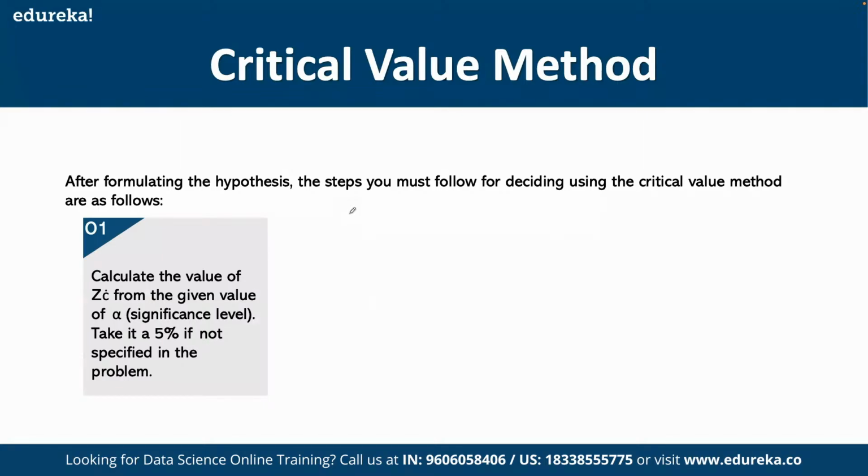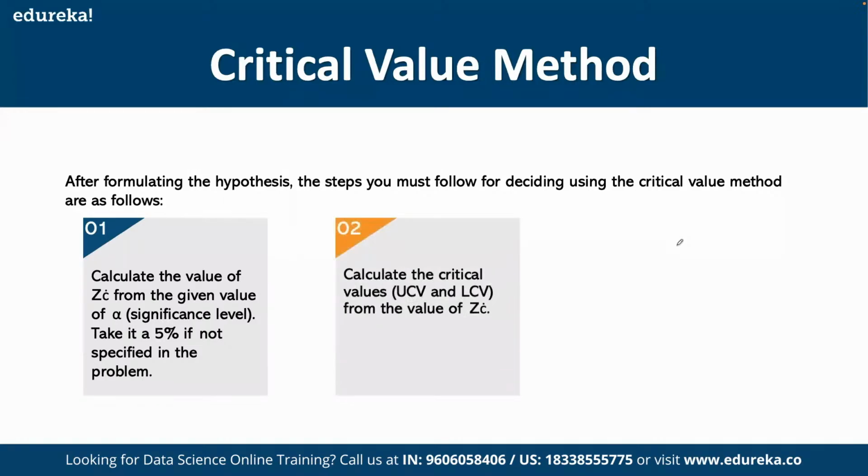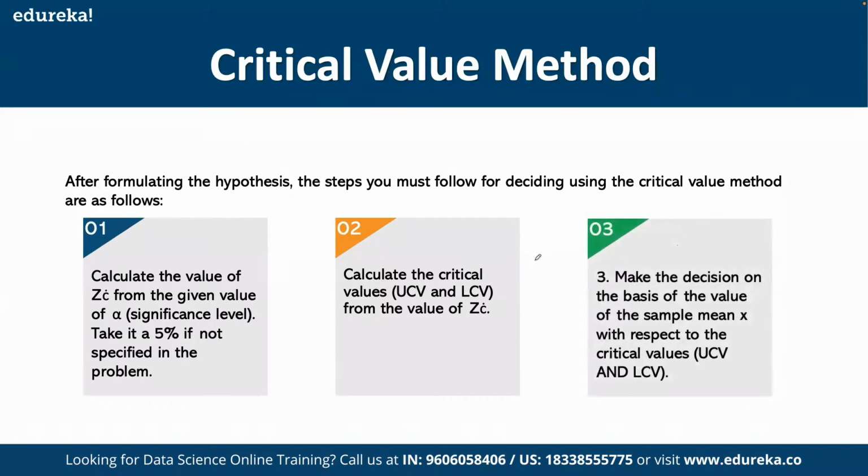Once we specify that, the next thing we do is calculate the critical values, that is the upper confidence value and the lower confidence value, from the value of Z. Once we calculate the critical values from the value of Z, we make a decision on the basis of the sample mean X bar with respect to the critical values, that is the upper confidence value and the lower confidence value.